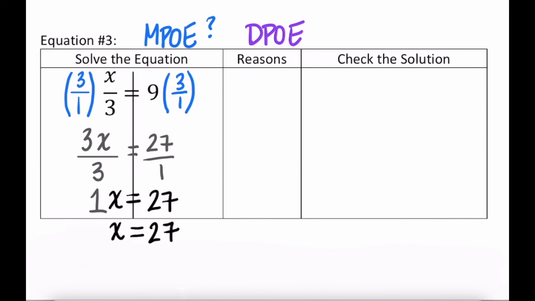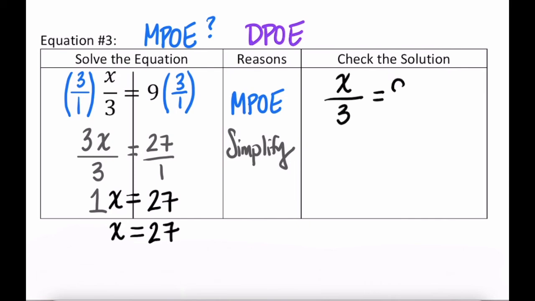So is this equation solved? Yeah, because x is by itself. Okay, so let's go in and write in what we did. We applied our multiplication property of equality, and then we just went in and we did the math. That's called simplifying. So it appears that multiplication was the way to go, but the only way to be sure is to check our solution.